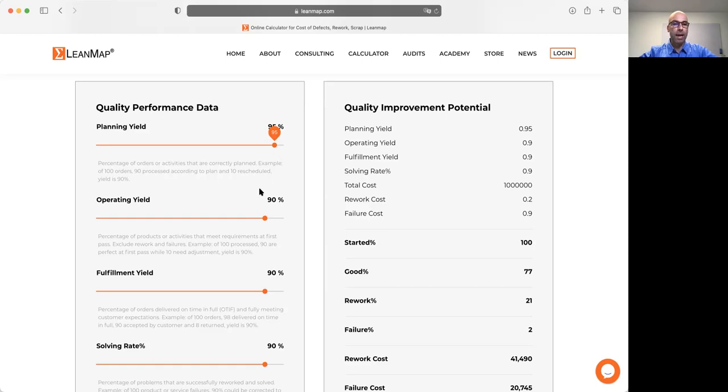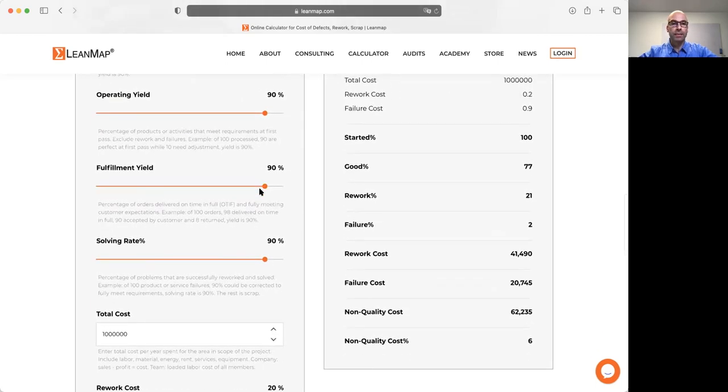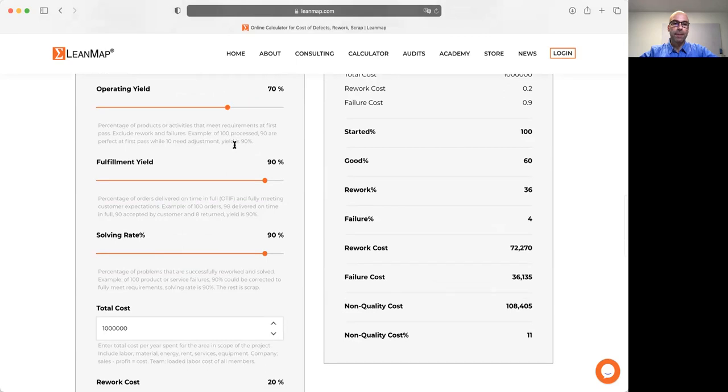It's 95%. 1 out of 20 appointments or 1 out of 20 orders we have to reschedule. That's not bad. Operating yield. This is how well we convert inputs into outputs right first time. Let's say we are running something in high tech where the first pass yield, maybe it's quite low, let's say 70%.